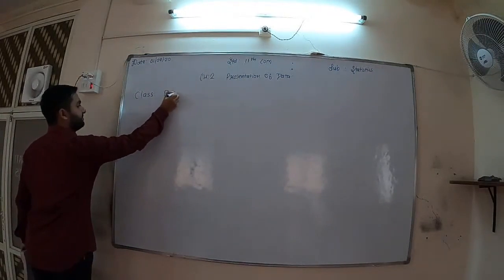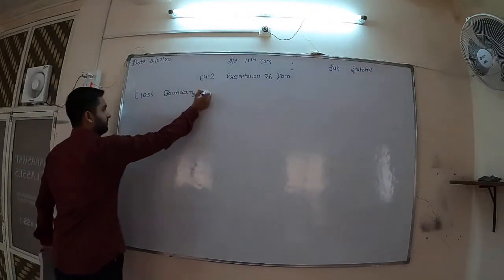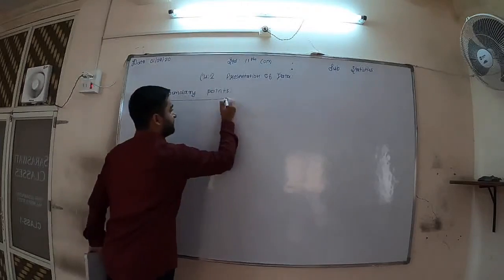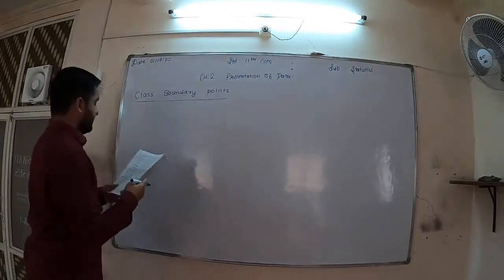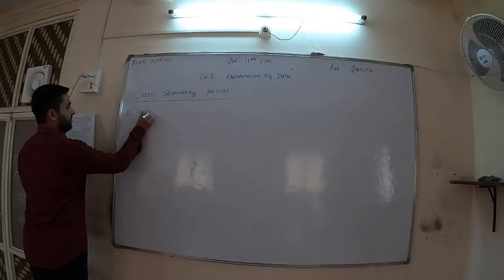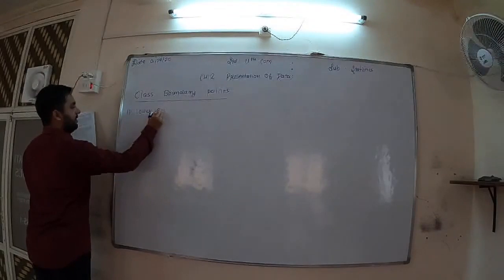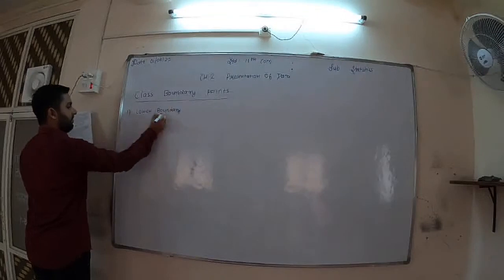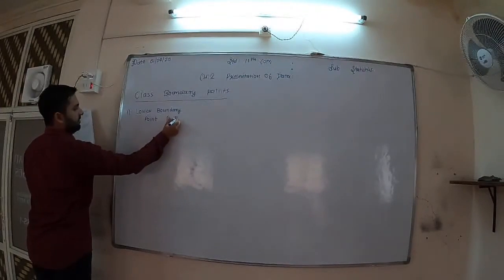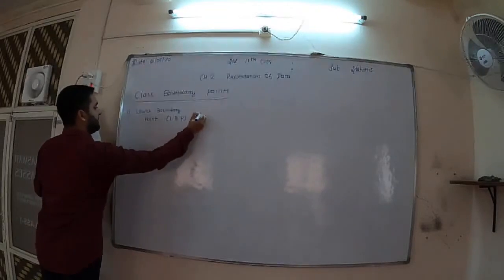Class boundary points. Number 1, lower boundary point. In short, we will say it as LBP.